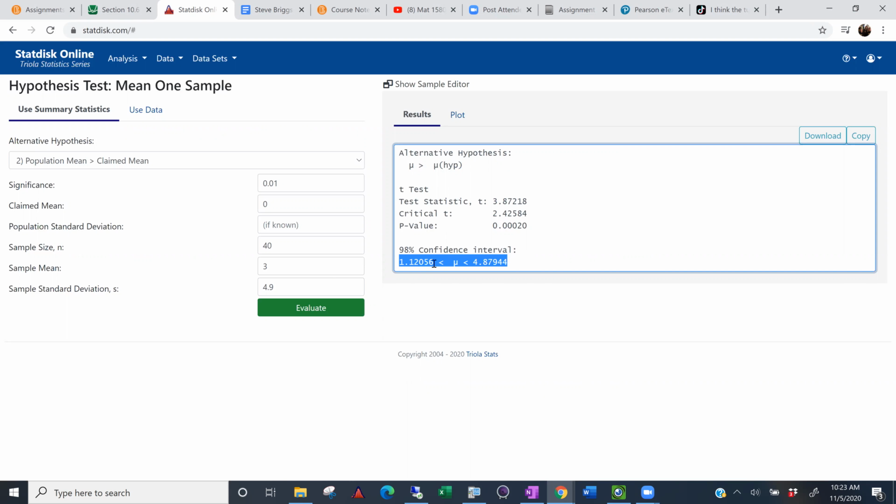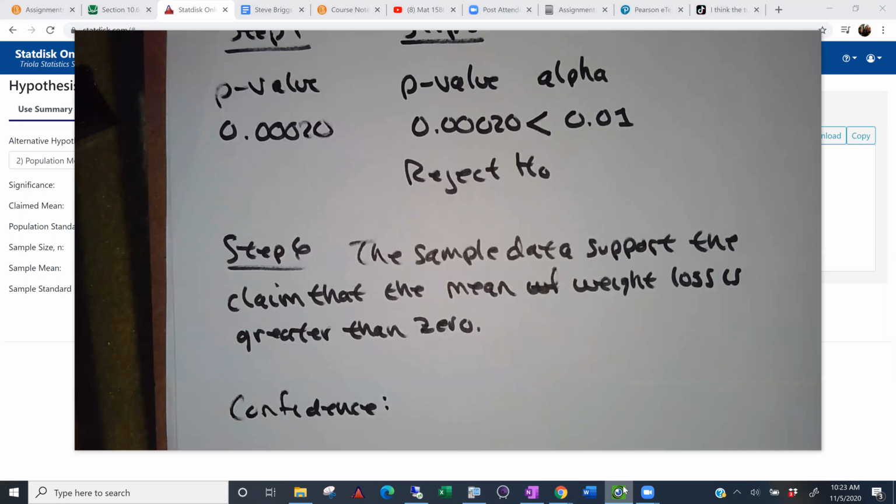Does this confidence interval match our decision to reject H0? Well, let's look back at our null and alternative hypothesis. Let me just write down the confidence interval.